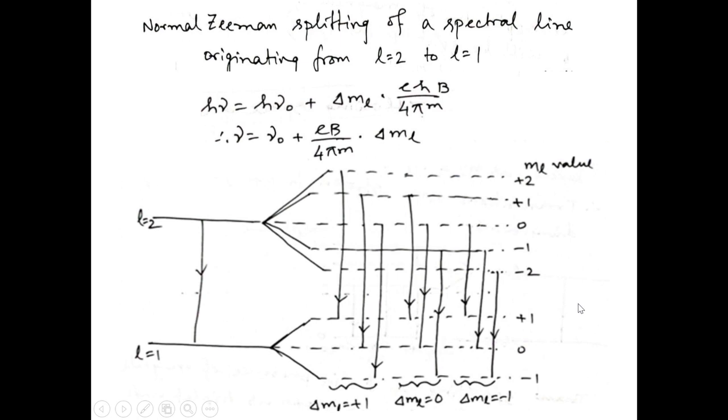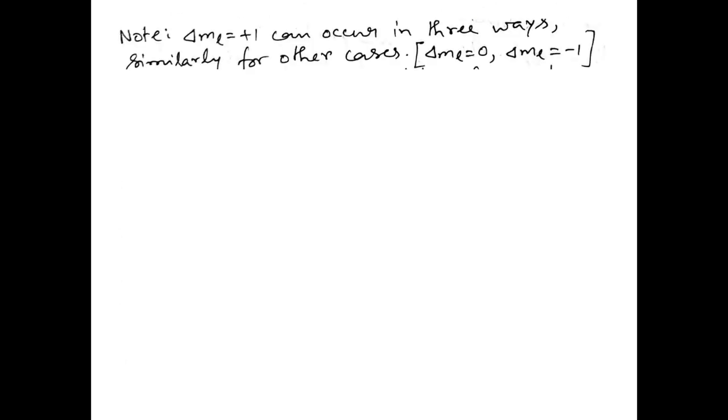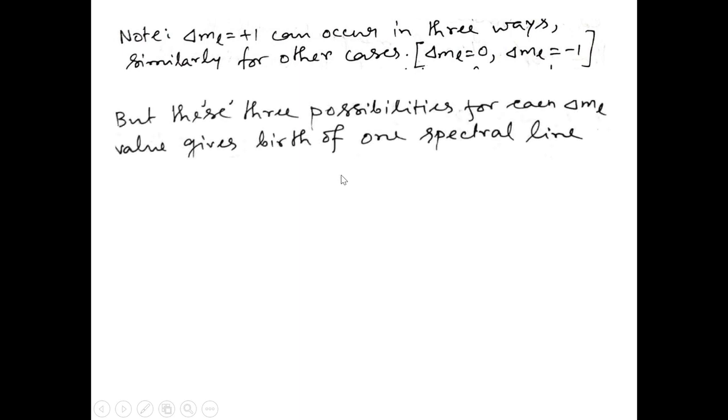Just follow the explanation. When delta ml plus 1 can occur, it can occur in three ways. Similarly, in other cases, when delta ml is 0 or delta ml is minus 1, the three conditions can occur in three ways in the previous diagram. These three possibilities for each delta ml value give birth to one spectral line.